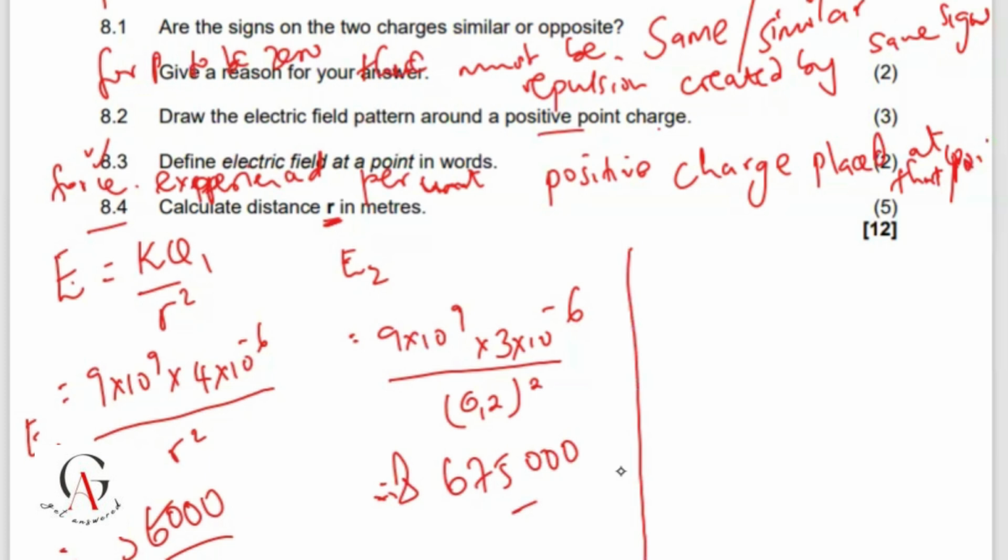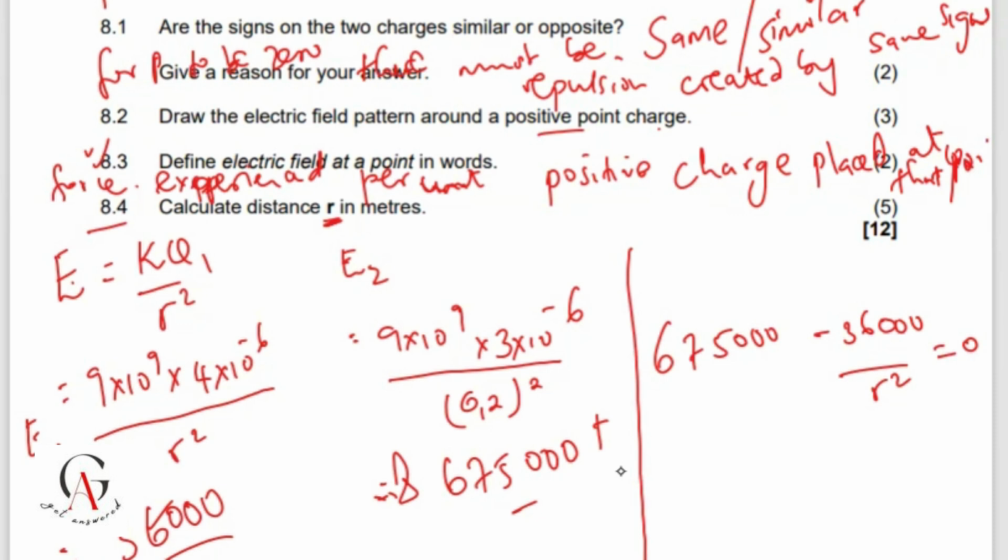Since this is to the right, which is positive, this is going to be negative. So 675,000 minus 36,000 over r squared. That must give us a 0.